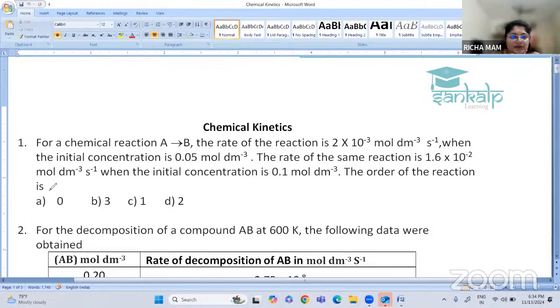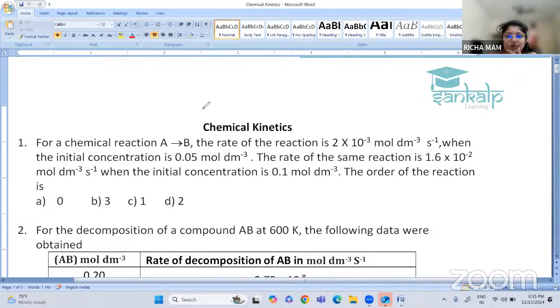What is unimolecular, bimolecular reaction, right? So different reactions we have discussed. Then we have discussed first order kinetics, second order kinetics, right? Zero order kinetics, half life, right?